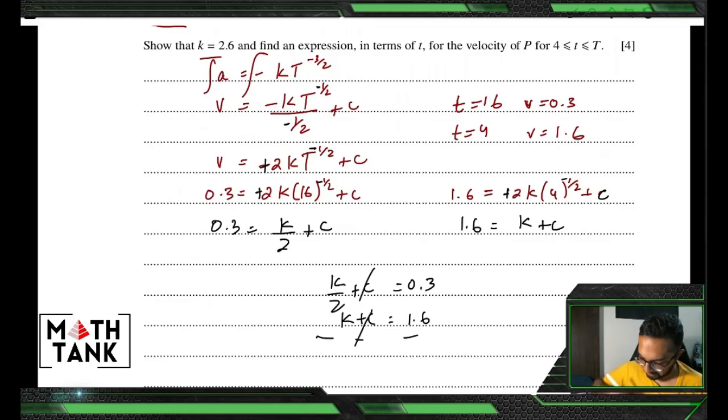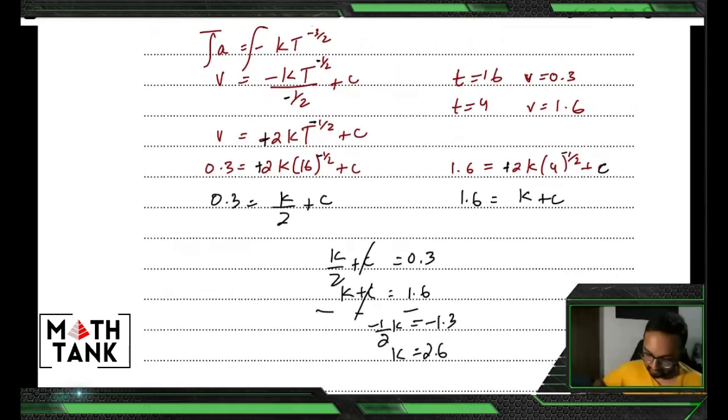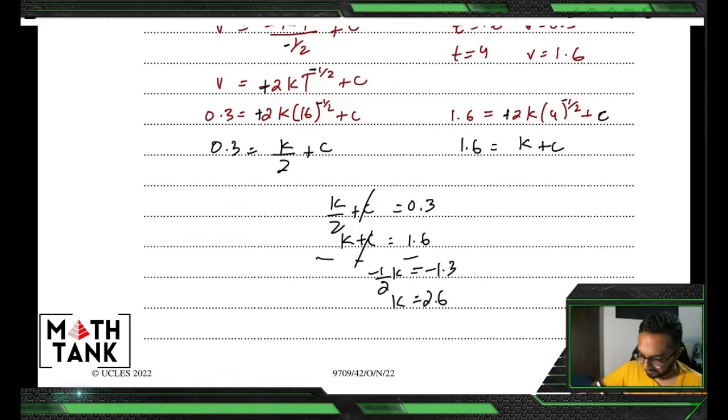Eliminating c gives me half k equals 1.3, so k equals 2.6. Then for the expression, I can simply find the value of c. 1.6 equals 2.6 plus c, so c equals minus 1.